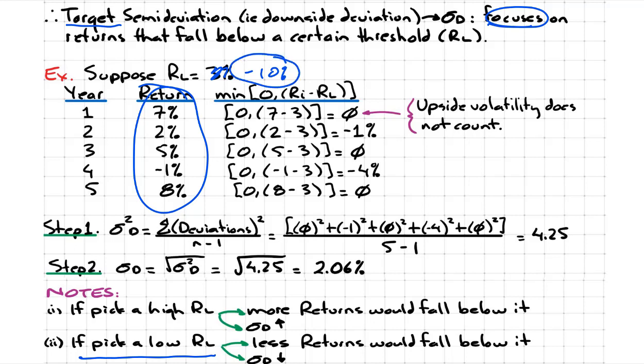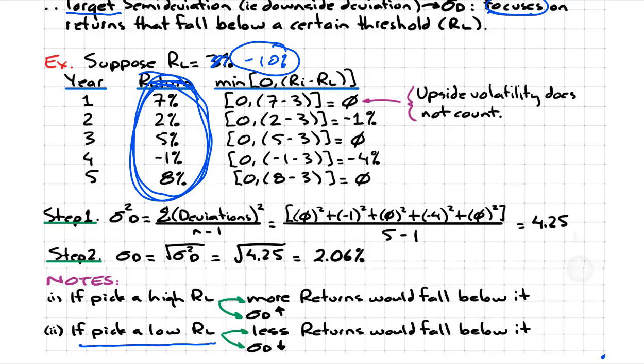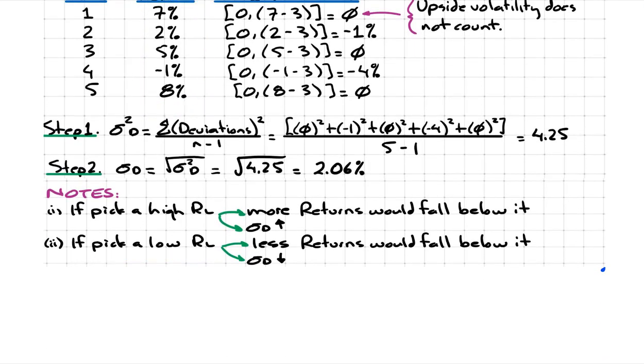So if your target is minus 10, none of these numbers are below the target, so none of them would register in the computation. So you would have absolutely no volatility below the target, because there are absolutely no observations below the target. And that's exactly the point that we make here. If you pick a very low target, there'll be fewer returns below it, and therefore the target semi-deviation would be much lower.